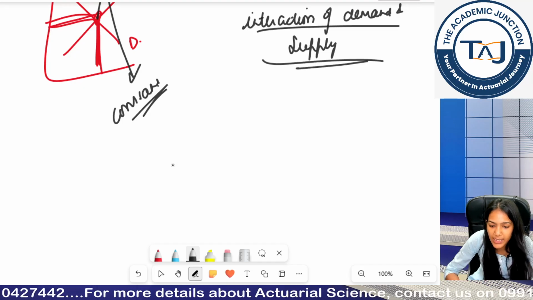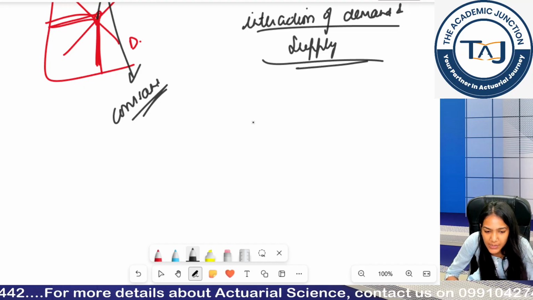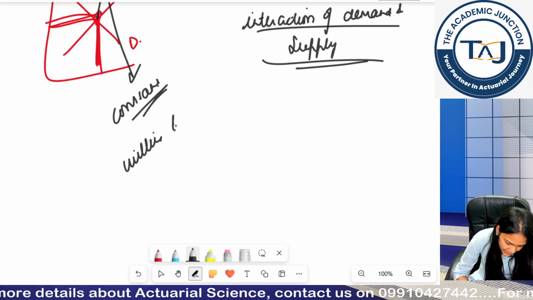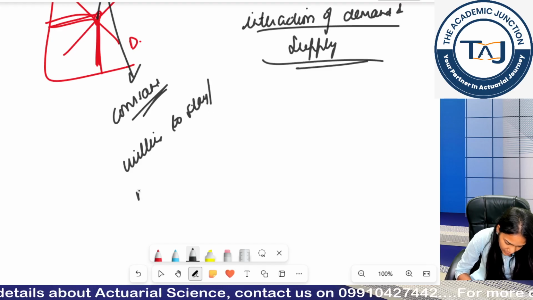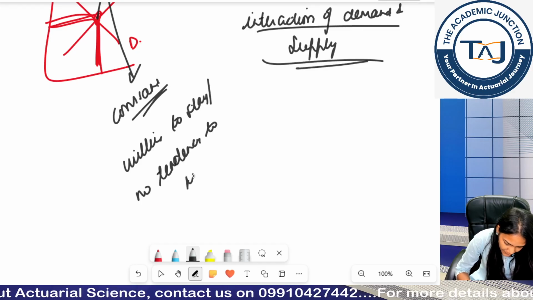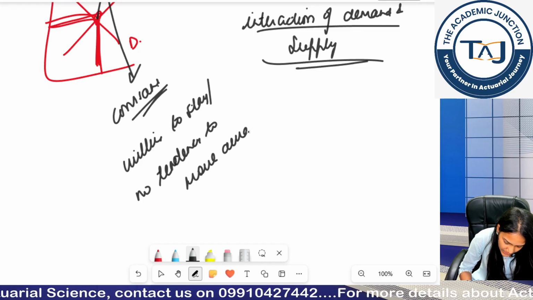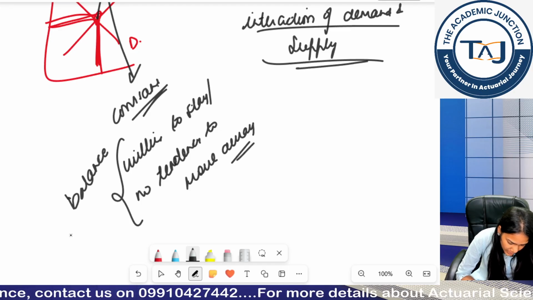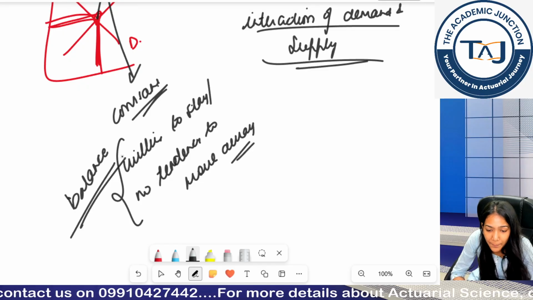There is no tendency to move away from this position. Willing to stay, no tendency or no intention to move away. This is called equilibrium, balance. Equilibrium is a synonym of balance.